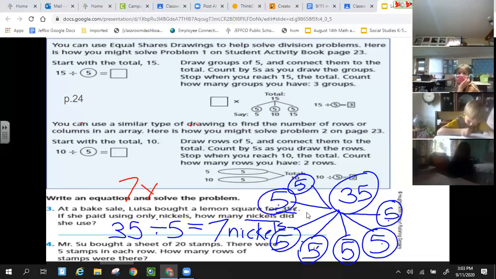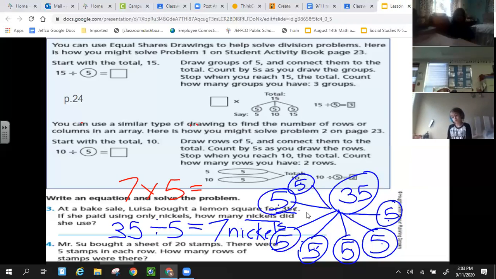Put up 7 fingers. 5, 10, 15, 20, 25, 30, 35. So if we know 7 times 5 equals 35, then 35 divided by 5 must equal 7 because they're related. Nice job.